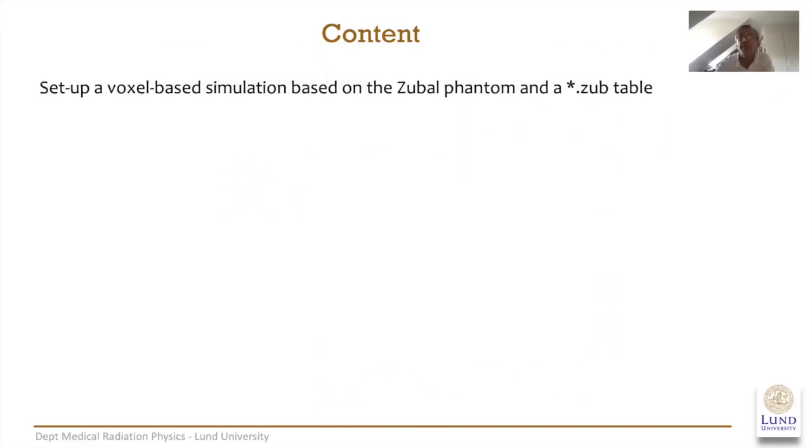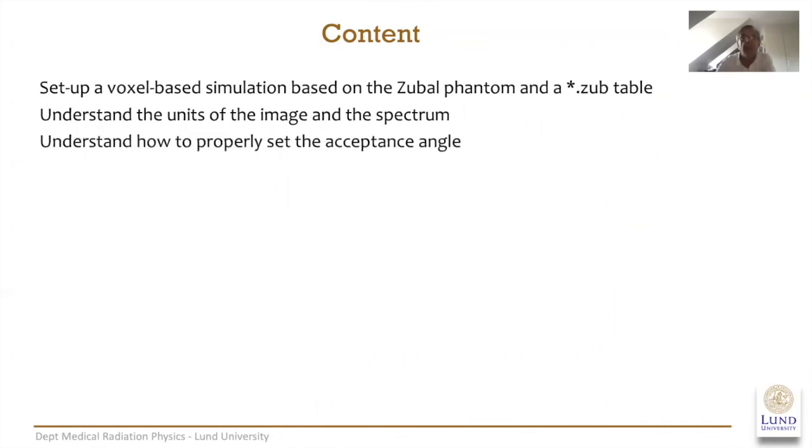I will use the Zubal phantom and a Zub table that is included in the distribution. I want you also to understand the units of the images and the spectrum in order to work with these. I will describe how to set up a proper acceptance angle, which is essential and also can be a source of error if you don't do this properly.